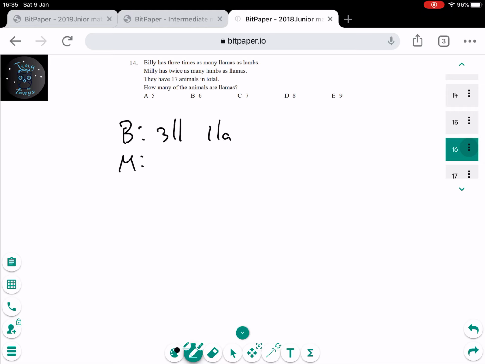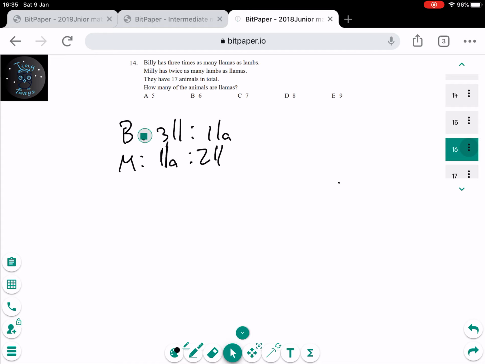Millie has as many lambs as llamas, so that's 1LA and 1LL, and 2LL. Note that this 1 and 3 isn't right. Let's write it this way.